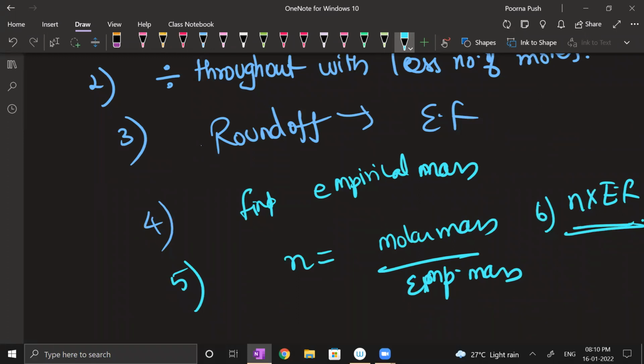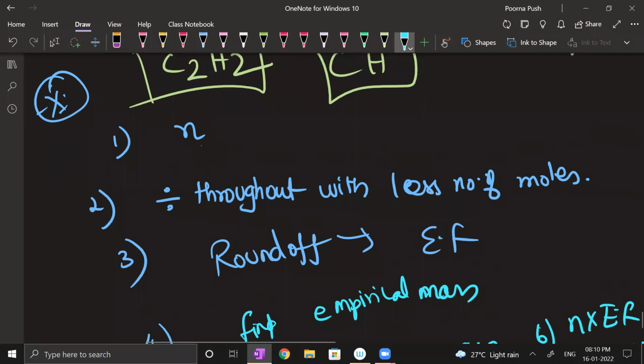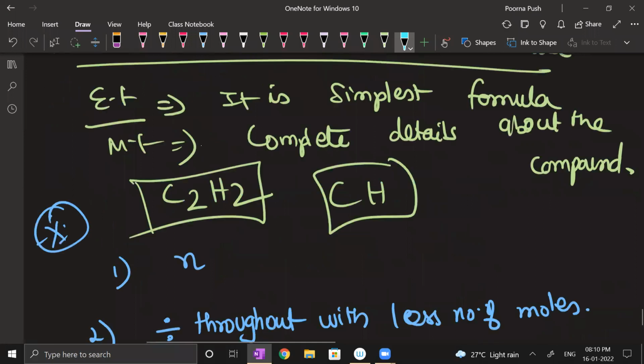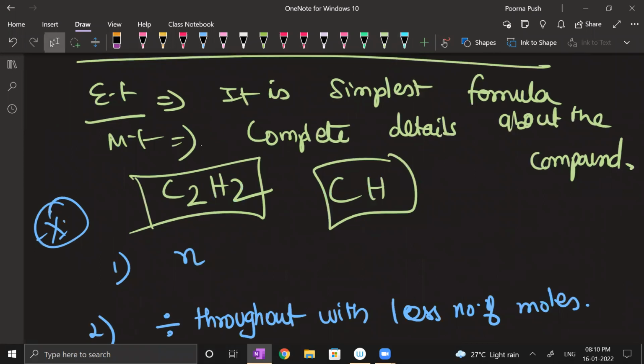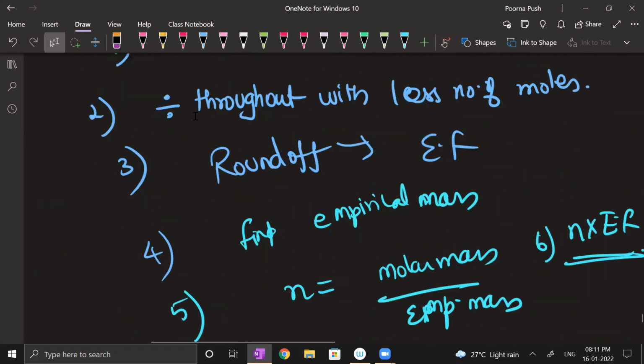These are the steps to find the empirical formula and molecular formula. First, find the number of moles. Next, divide throughout with the least number of moles. Third step, round off. Fourth step, empirical mass.